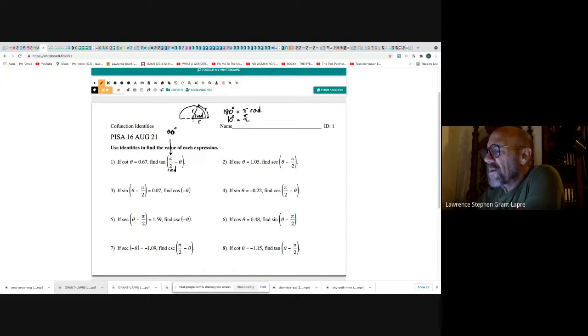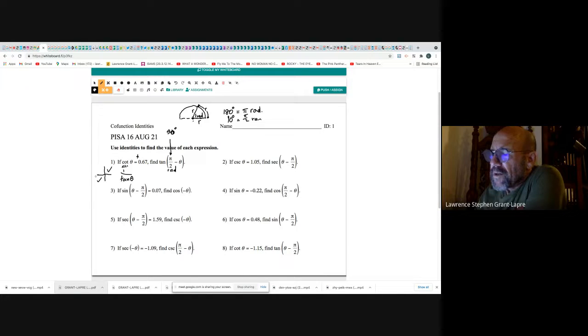So what we're going to do is choose an angle such that cot theta is positive. Now cot is 1 over tan of theta, and tan is positive in quadrant 1 and quadrant 3.